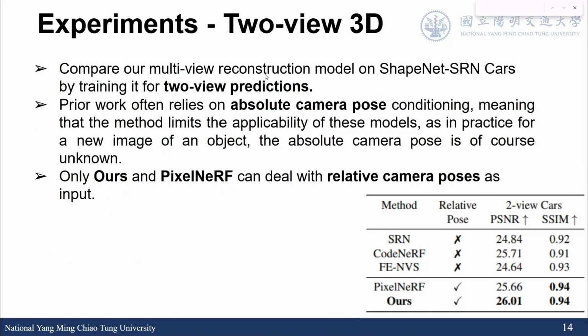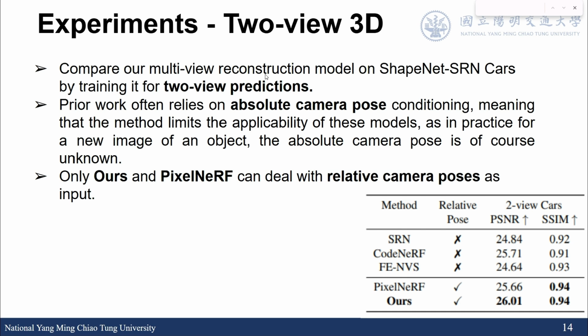Next, we evaluate our model for 2-view 3D reconstruction using the ShapeNet SRN hard dataset. Our model was specifically trained for multi-view reconstruction, focusing on 2-view predictions. Unlike previous methods that often rely on absolute camera poses for reconstruction, our approach addresses a key limitation in real-world scenarios.